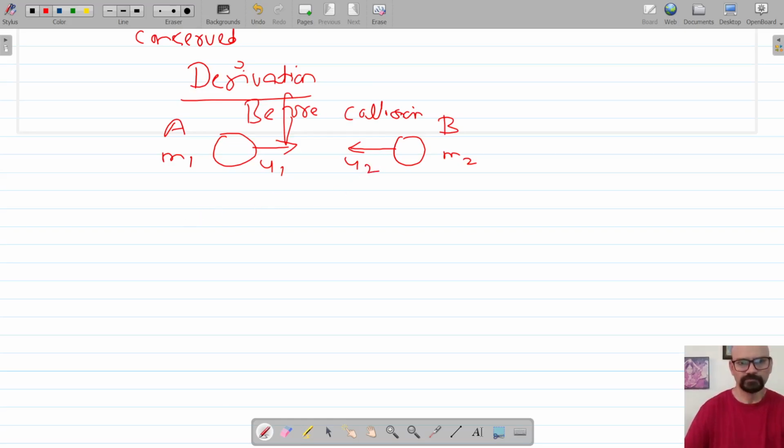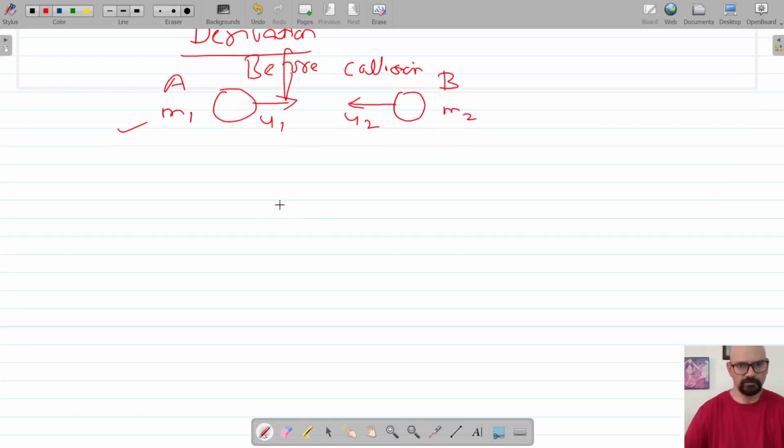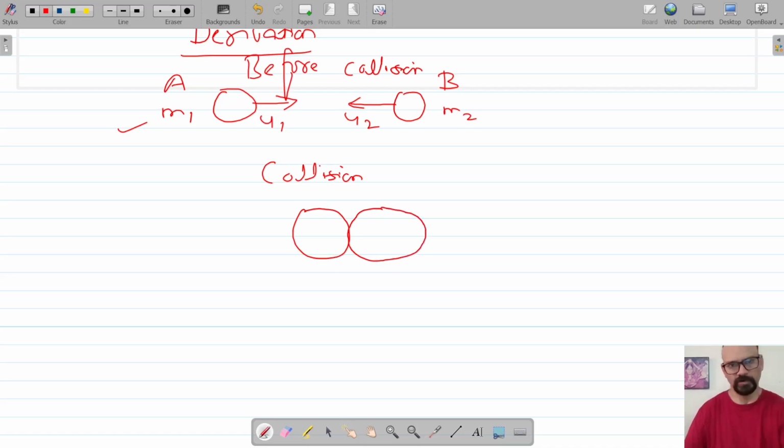This is the situation before collision, and now let's say these two bodies collide. Because they are moving towards each other, A will exert force on B and B will exert force on A, for an instant.